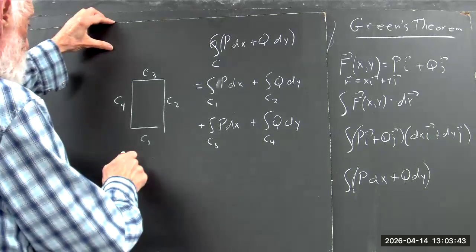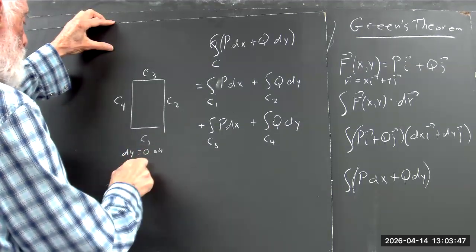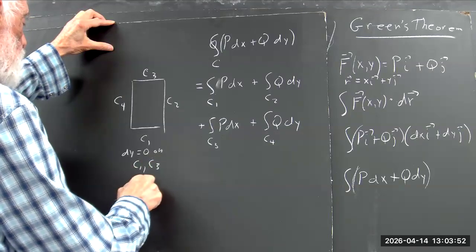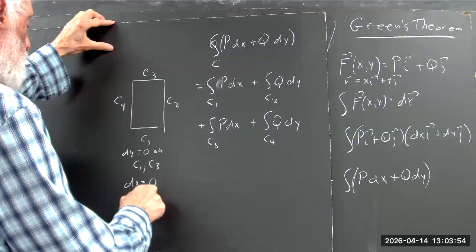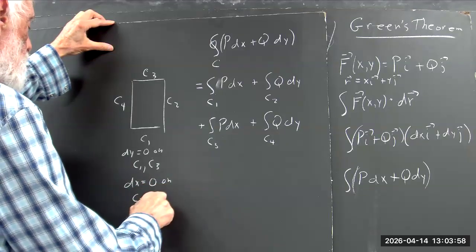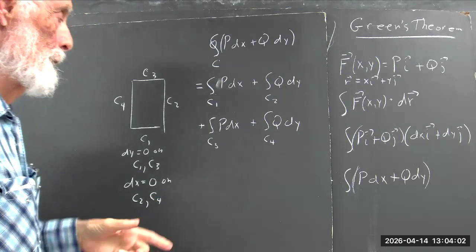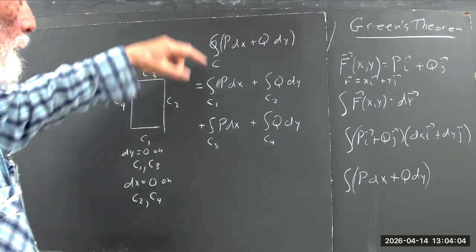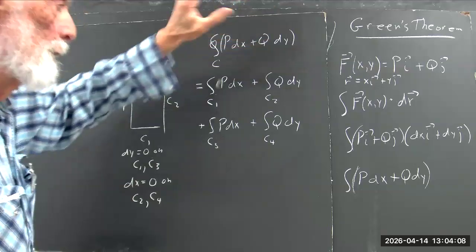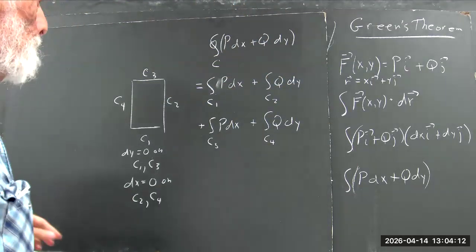So dy is 0 on C1 and C3. Dx equals 0 on C2 and C4. So the integral of P dx on C2 would be 0. You'd only be left with the Q dy and so forth. I think everybody understands that.